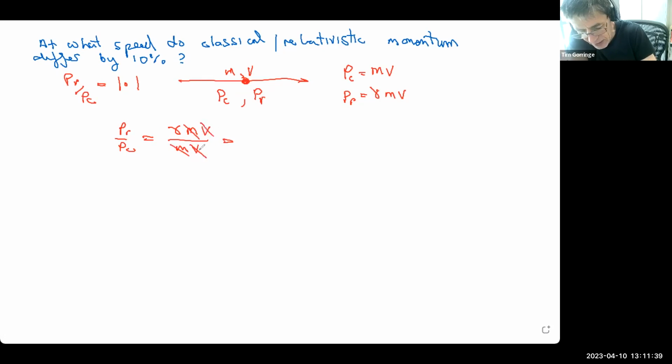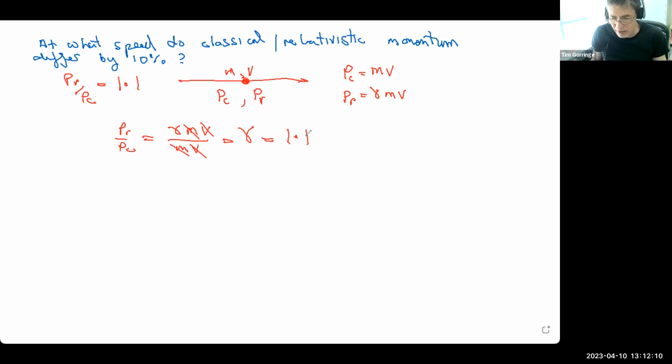The speeds in mv cancel out, and we're actually just left with this gamma factor, or this Lorentz factor. So if the ratio of the relativistic to classical momenta is 1.1, it actually means that gamma itself must be 1.1. And so that's going to be our real starting point.